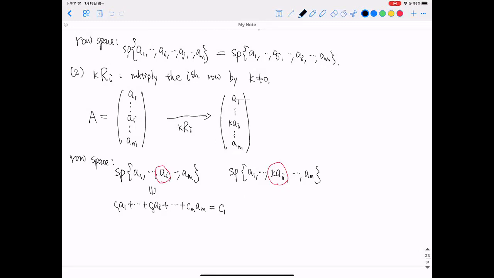Now you can perform the following rearrangement. We've assumed that k is not 0.